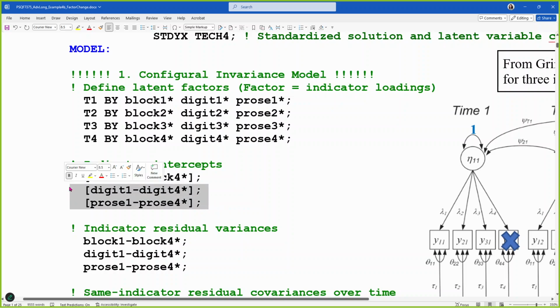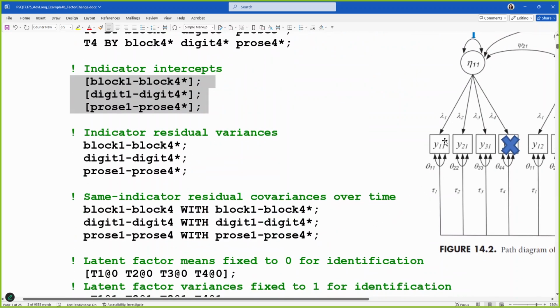Now, because this is not a growth model, this is just a regular confirmatory factor model. I have intercepts for my indicators. So each of these down here gets its own predicted outcome when the factor predicting it is 0. That's what the intercept means in this context, just like always.